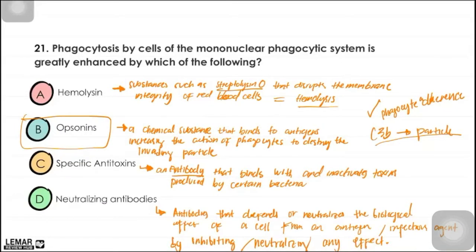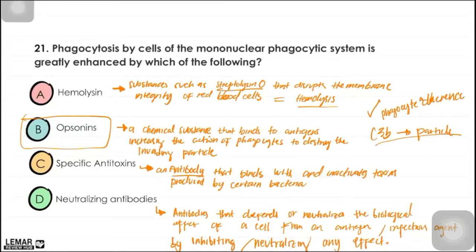Next, we have your specific antitoxin. Antitoxins are antibodies that bind with and inactivate the toxin. These toxins are poisonous substances, and could be produced by certain bacteria. We have letter D, neutralizing antibodies.